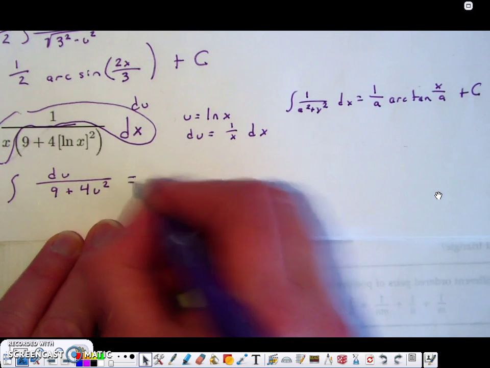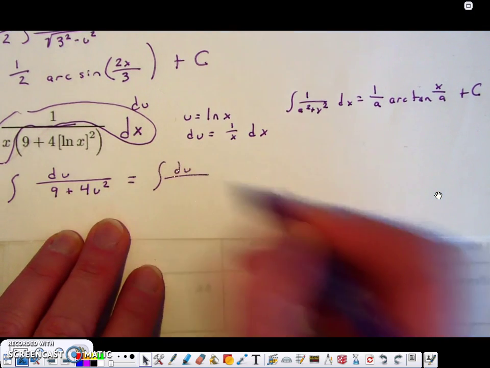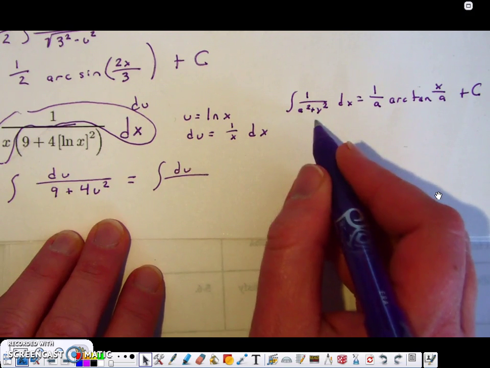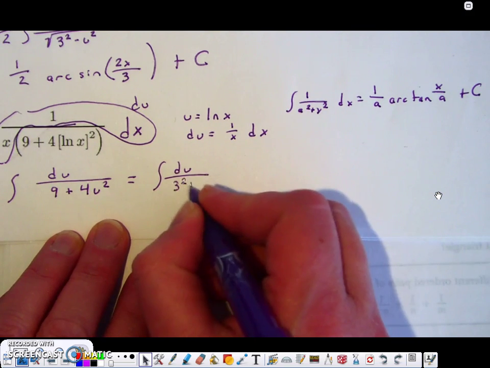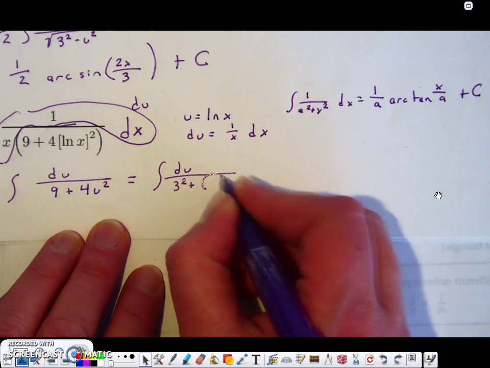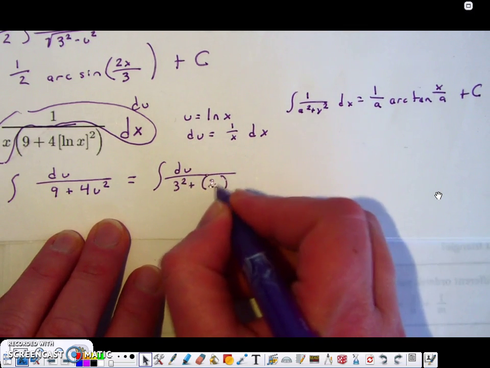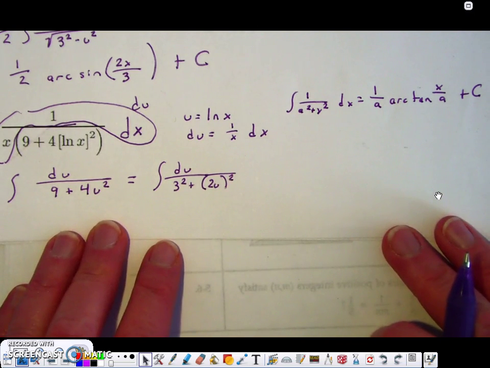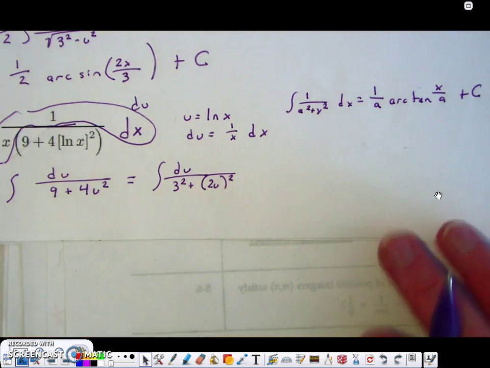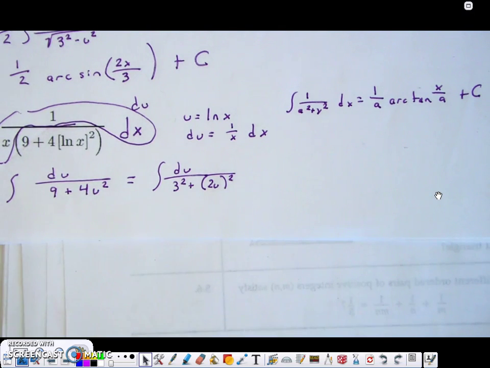So if I rewrote this, you're really wanting a squared plus something with variables squared. So it's 3 squared, and what would be in parentheses here? 2u, yeah. Okay, so we're kind of doing like another u, right? Like a z substitution.